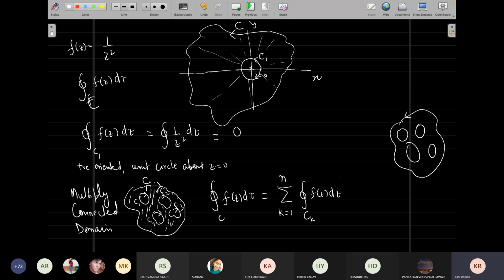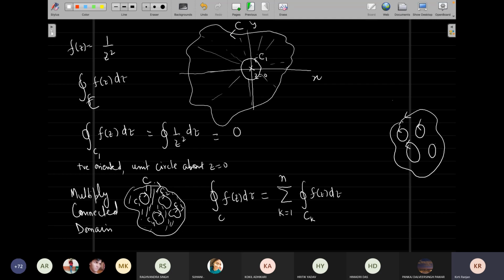This particular portion, which is the application of the Cauchy-Goursat theorem in multiply connected regions, gives us further additional power. What is the additional power? That I do not need to worry about the actual path of the contour. We can define our paths in our own ways, and we can integrate over those.